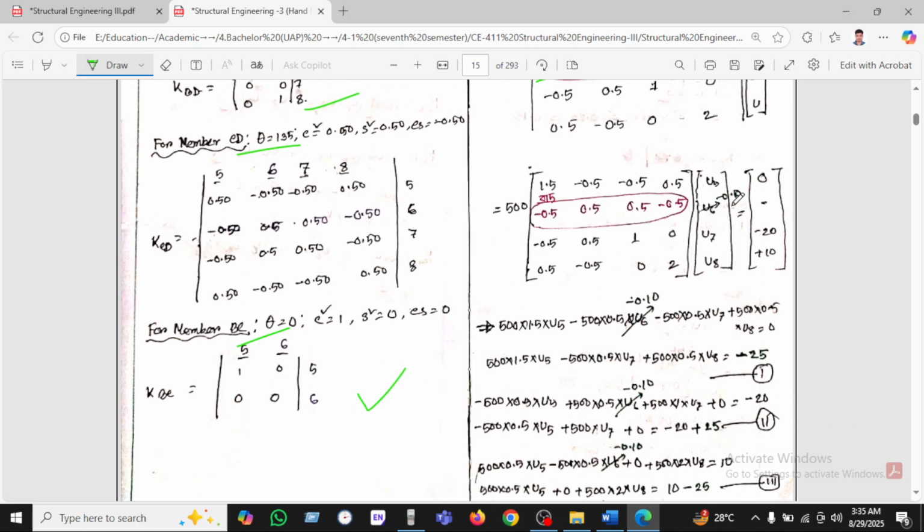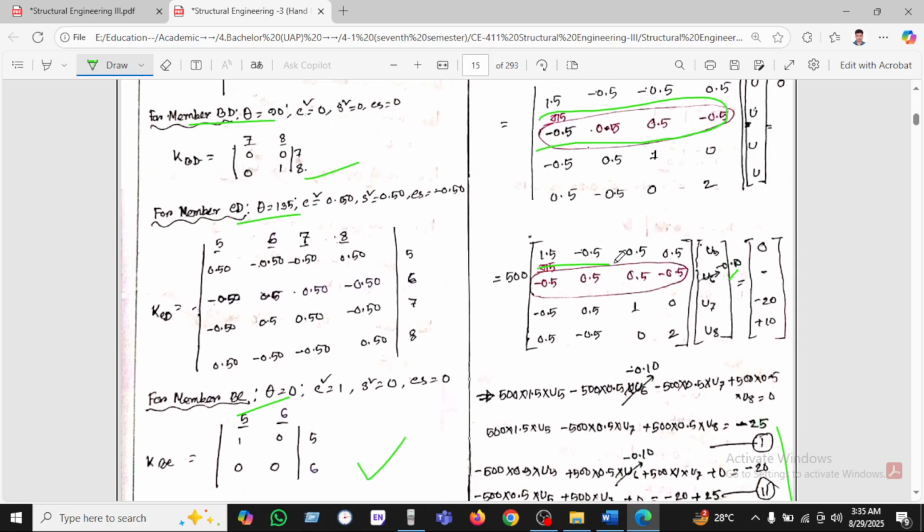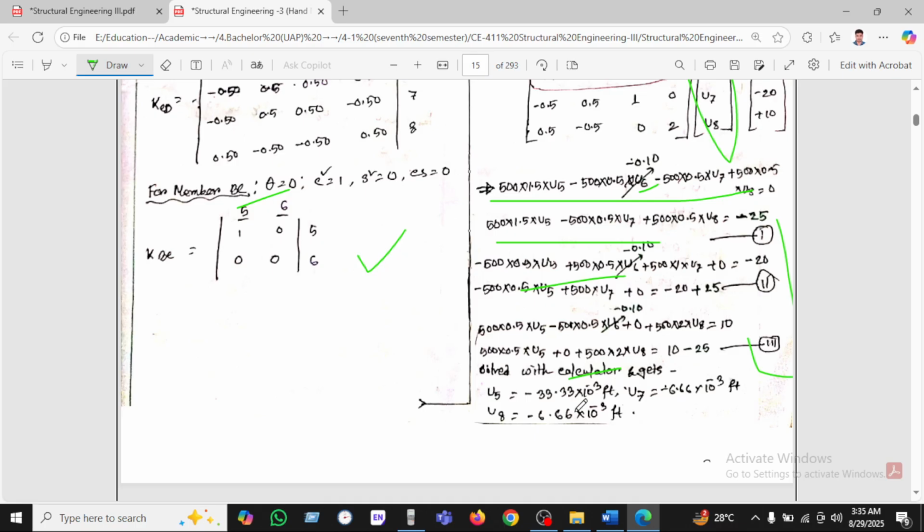After eliminating this 0.10, then we will find C below, which is this row multiplied by this column. So in finding this below, it will be 0. And same way as this, and this. After calculating this, we will find U5, U7, U8.